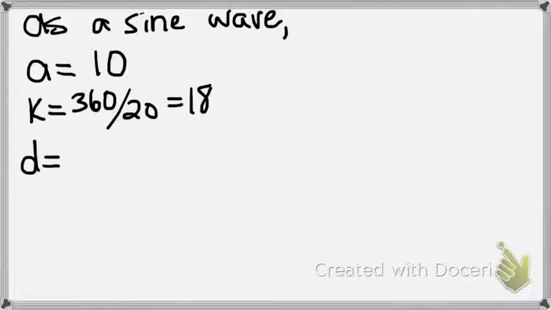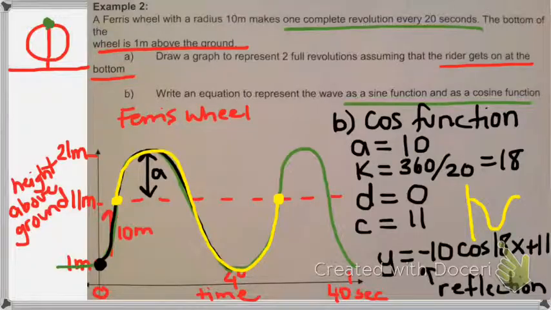D. Now, here's where we have to be careful. Let's go back for a second. The D value is going to be greater than 0 simply because we don't start along the y-axis. The question becomes, where has my starting point moved from the y-axis? How far did I move right? This is where we have to do some math.